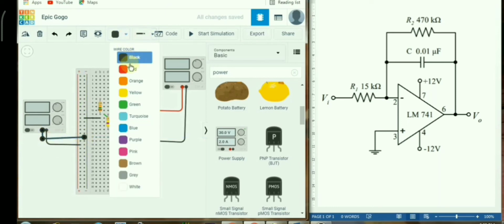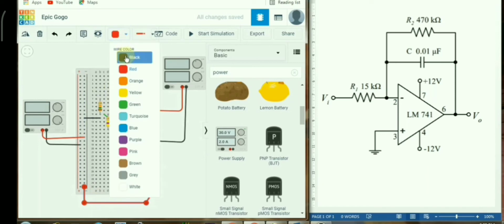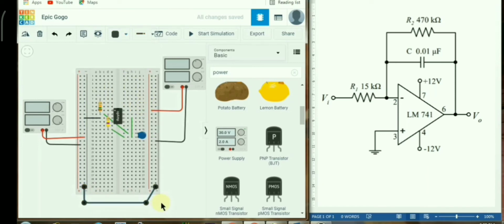Change color to red since it is a positive. For common ground purpose, take the wire and connect both grounds to each other. Change color to black.